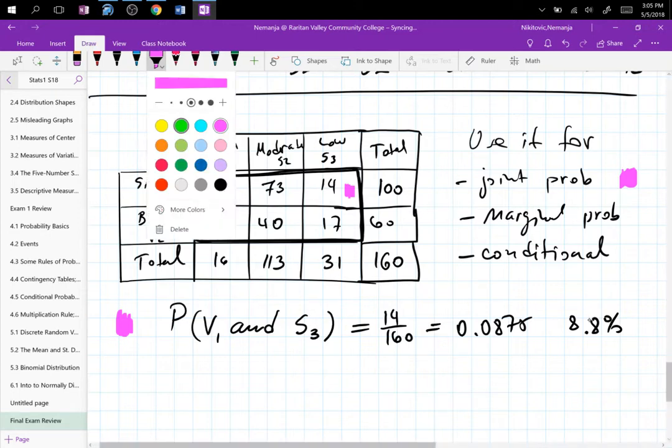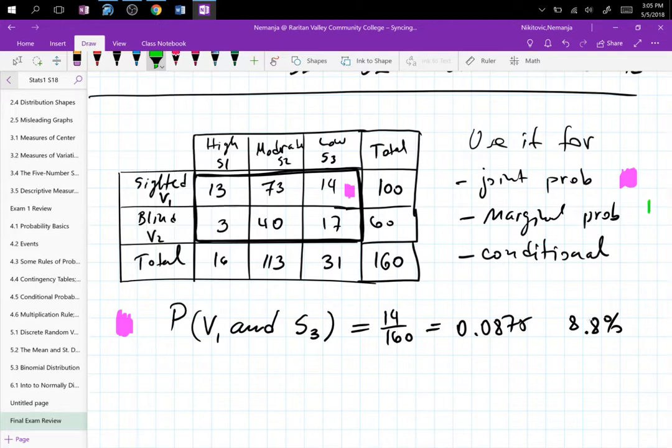All right, let's go with the next. Marginal probability would be if I'm asking for probability of a blind. So that's V2. Yeah, but you just said for conditional, you never use the grand total. Exactly. I'm not at conditional yet. So I'm doing marginal.